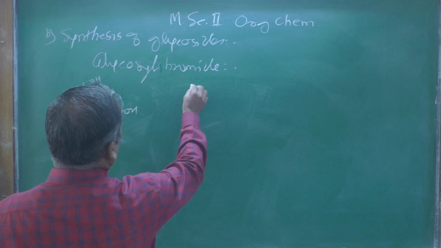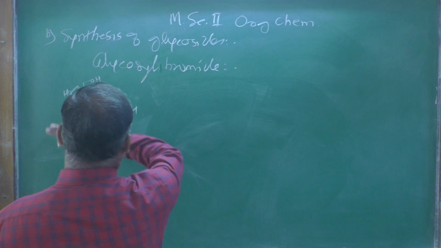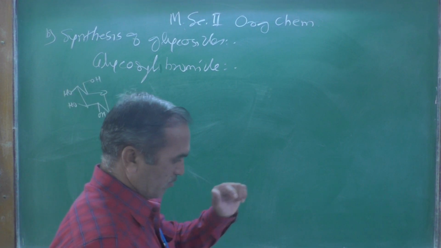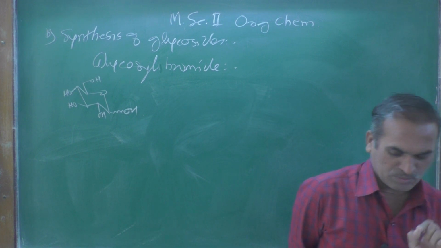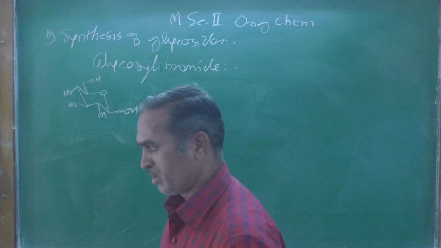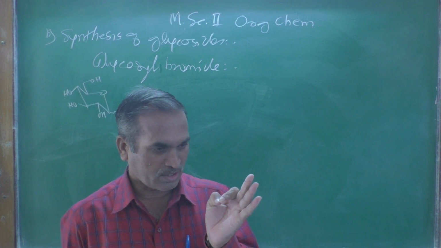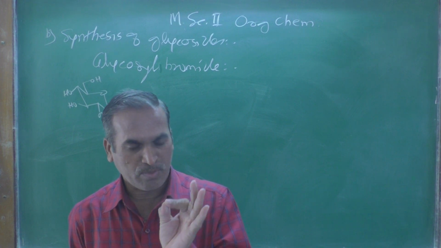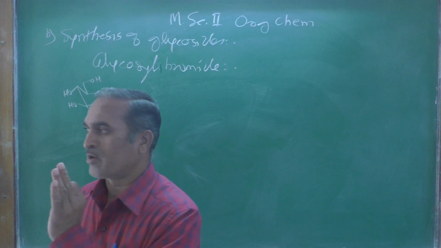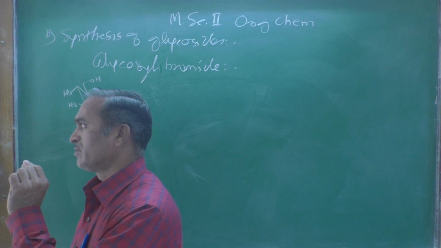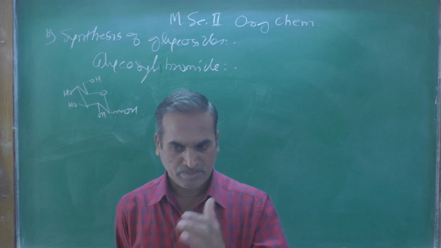Acetylation can be used for the protection of this hydroxyl group. As we know, protection is done in such a way that the particular functional group is blocked or masked, and it can give a high yielding product.